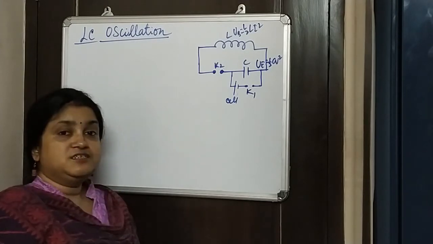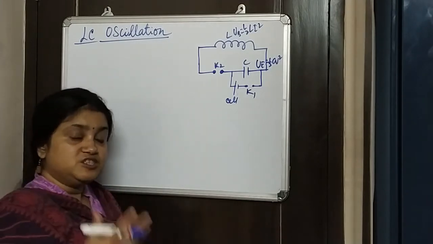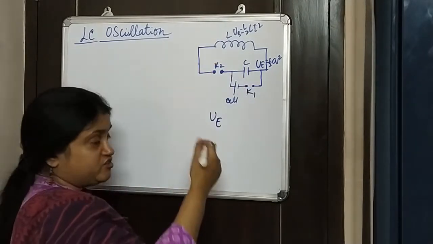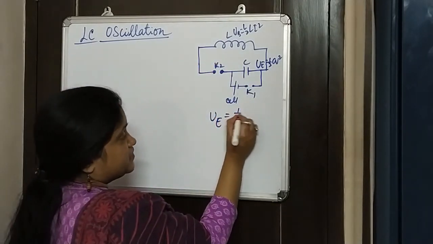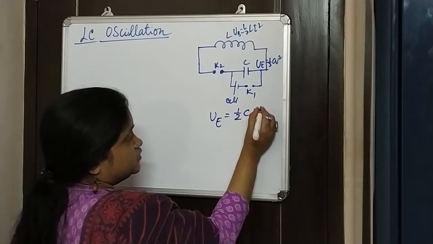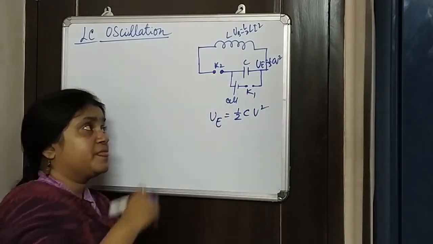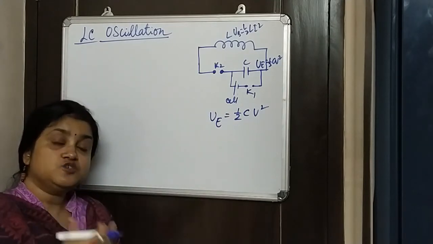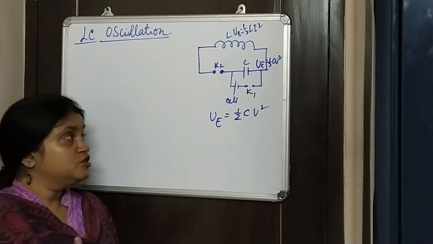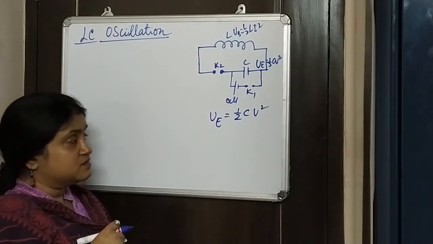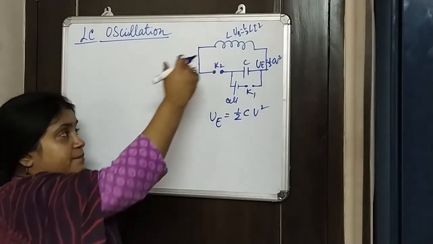When the capacitor is fully charged, the energy stored in the capacitor, in the electric field, is half C V square, right? So this is the electrical energy stored inside the capacitor. As soon as you have closed this key K2, what happens?